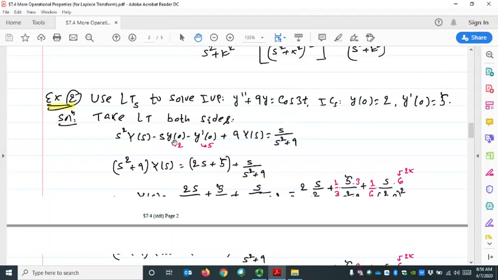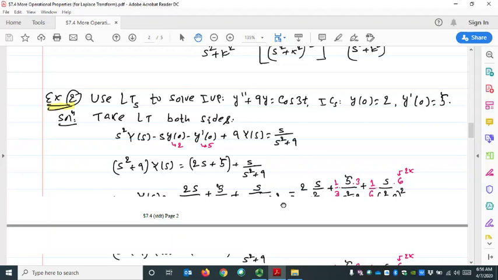Put in the initial conditions and then simplify: factor the capital Y of s outside and take the other terms to the right side. So here capital Y of s is outside, s squared comes from here, plus 9 comes from there, equals 2s, and minus 5 goes to the right side and becomes plus 5, plus s over s squared plus 9 as it is.